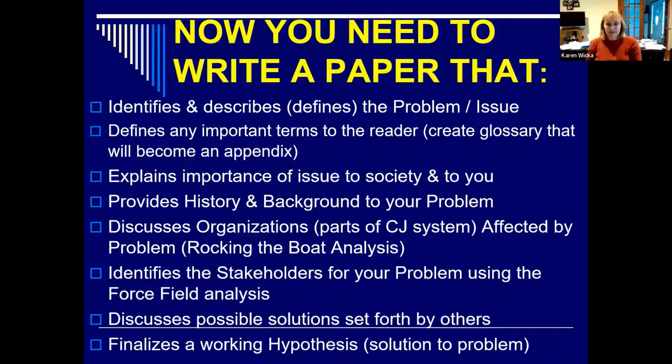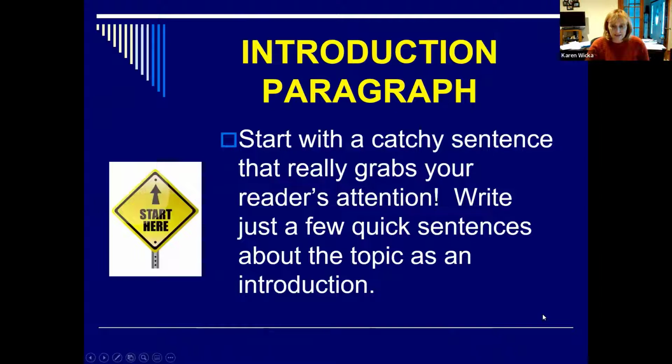You need to provide the history and background of your problem. You need to discuss the organizations that are affected by your problem. You need to talk about the stakeholders and their different views on your topic. And then you need to set forth certain solutions. And then finally, after all this research, the last thing you're going to do is you're going to start forming a hypothesis. So we'll talk through each of these so you understand what's in each.